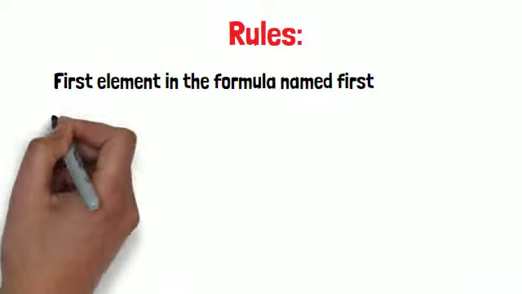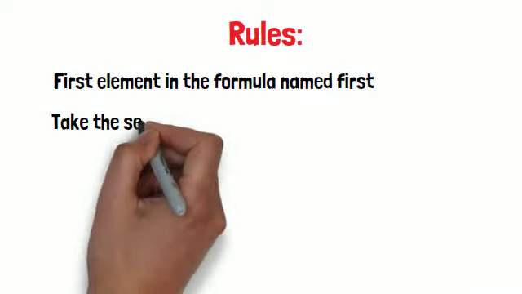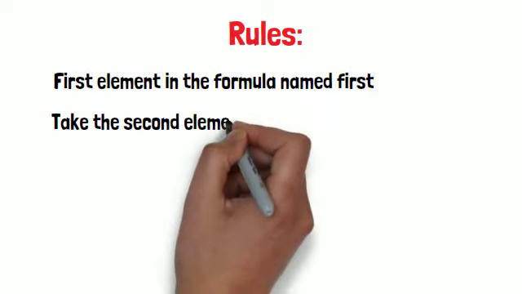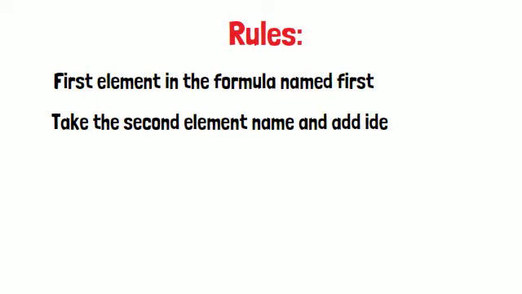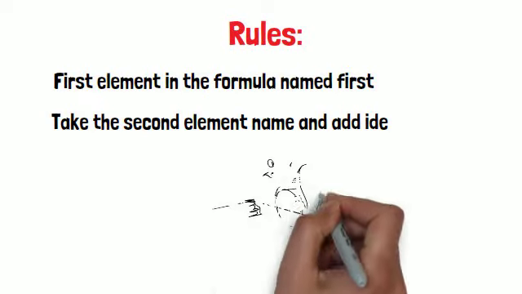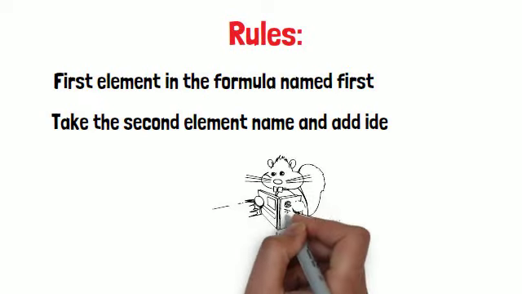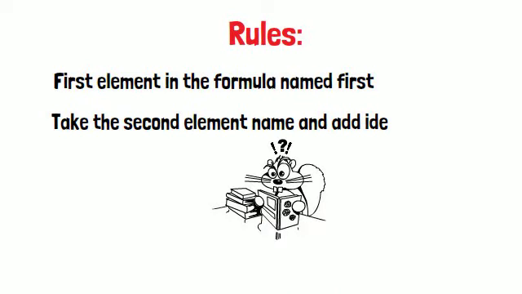Secondly, the second element is named as though it were an anion. What do we mean by this? That is, we take the name of the element and add IDE. While this might sound a little confusing, when put into practice, you're actually going to see how easy it is.